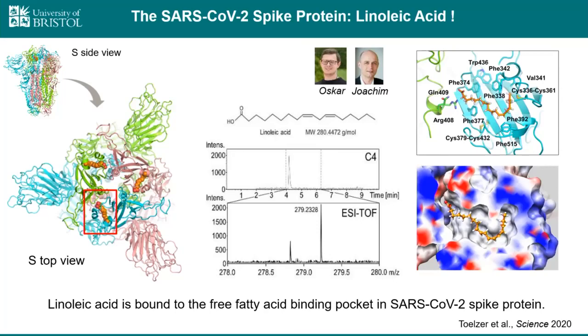And if we add linoleic acid to cPLA2, we see fewer fatty acids released. That is basically a feedback loop in the cell: when cPLA2 is activated and enough fatty acids are in the cytosol, the enzyme is shut down again. And somehow the infected cells circumvent this feedback loop.